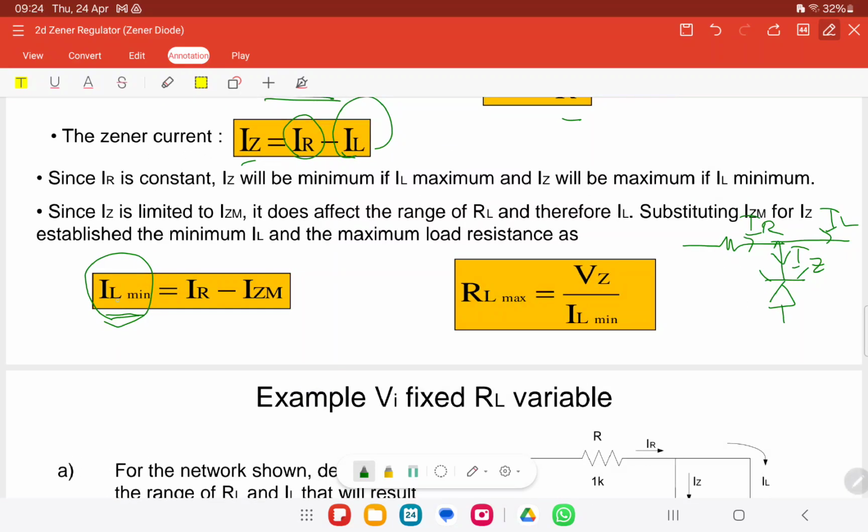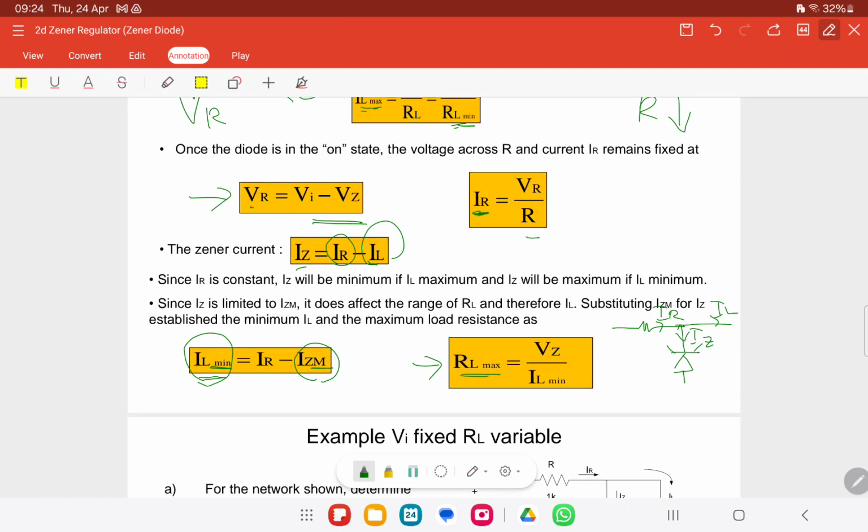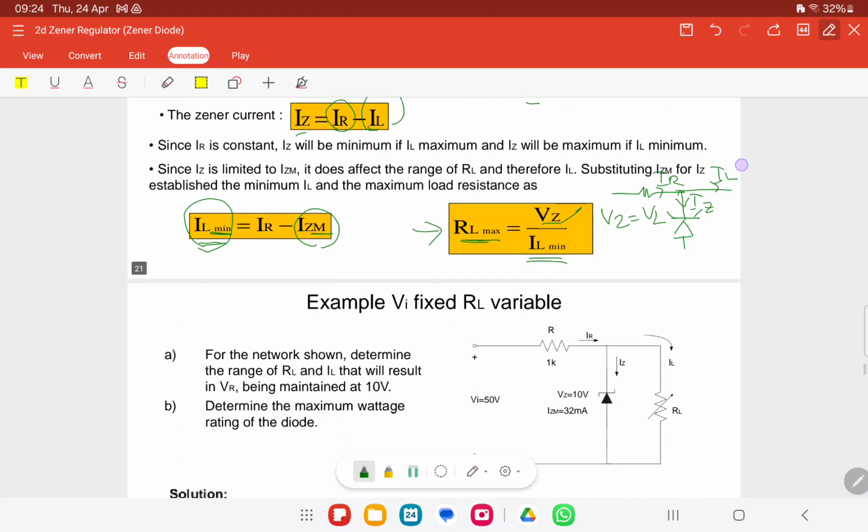Sebab tu kat sini IL min, IZM maximum. So katakanlah kalau IZ is the minimum, so IL akan lalu banyak. So dia akan terbalik. This one yang for RL max, because this one we vary the resistor, so dia akan jadi RL min, RL max. So for the RL max, VZ or VL sama je over the IL min. So dia kena terbalik lah, one max, one min.